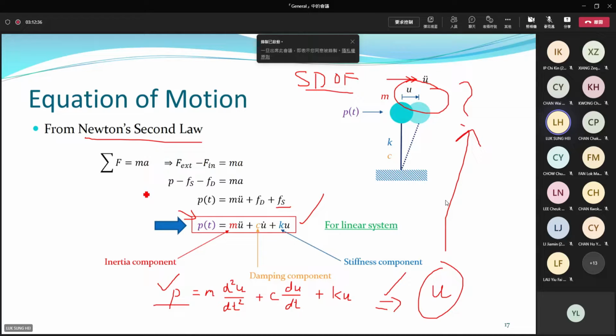This is the equation that we need to use in the first part of our dynamics section. This equation is called the equation of motion, sometimes I call it EOM for short. Next time I will let you know how to deal with these problems. Don't worry, not much mathematics.